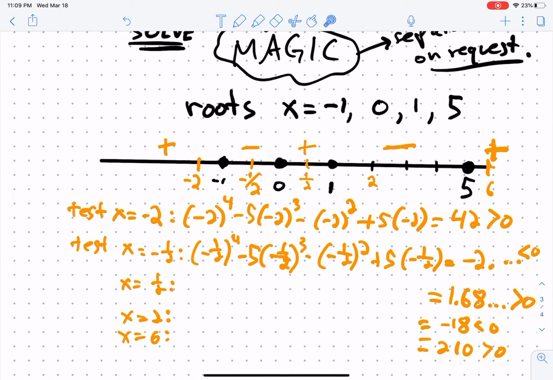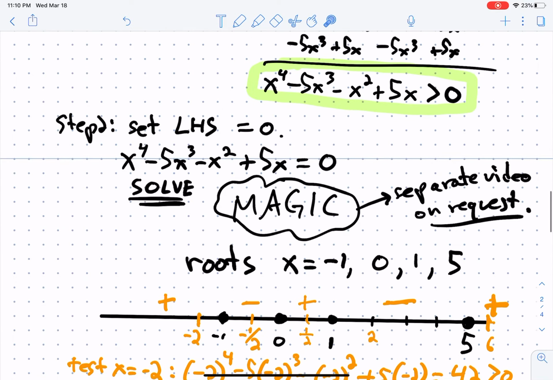So here's what we have. We found 4 roots, 4 dividing lines, -1, 0, 1, and 5. Those are the numbers that when you plug them into this function, they're exactly equal to 0. Now, since this only asks for places where it's bigger than 0, we don't want to include any of these numbers, the -1, the 0, the 1, or the 5. They will not be included.